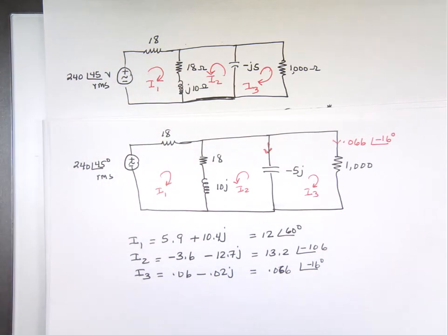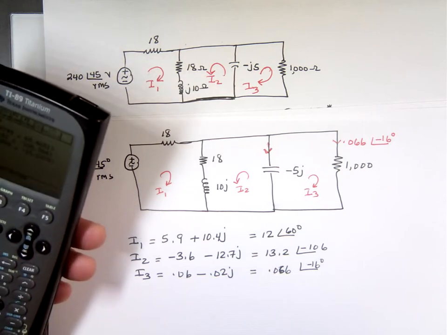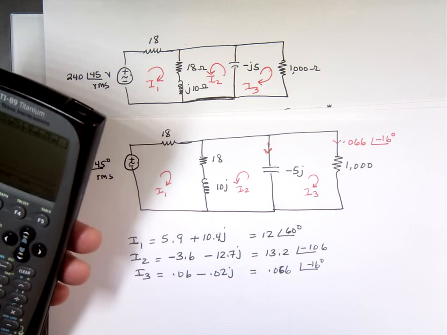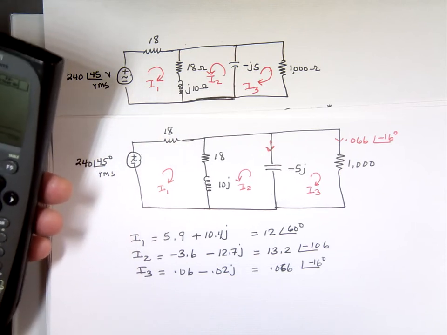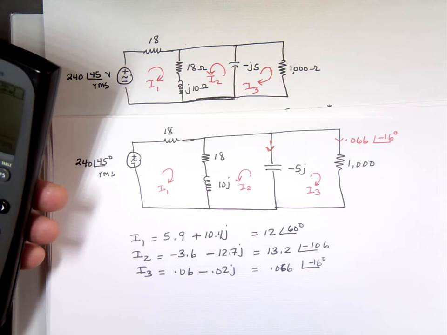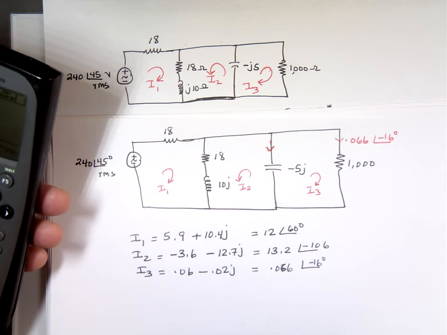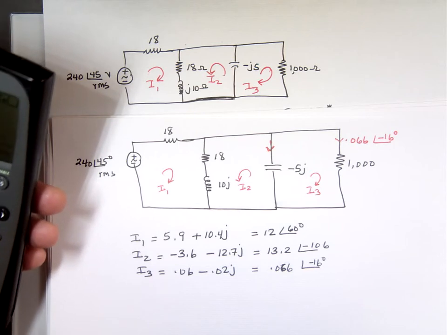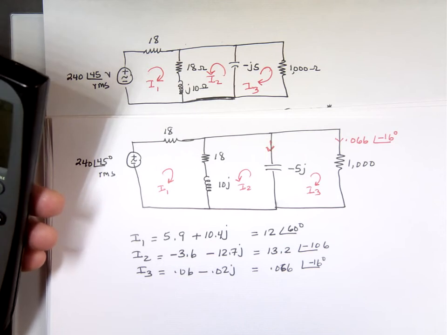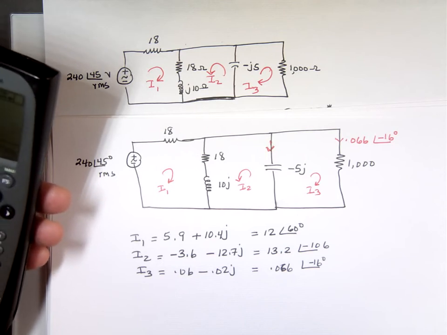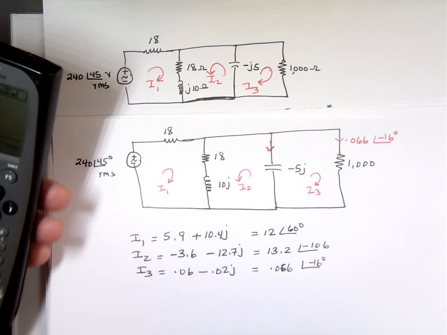So let's see what that is. I've got to get out of this, home. I think I go to home, okay. Here we go. 12 angle 60 plus 13.2 angle negative 106.